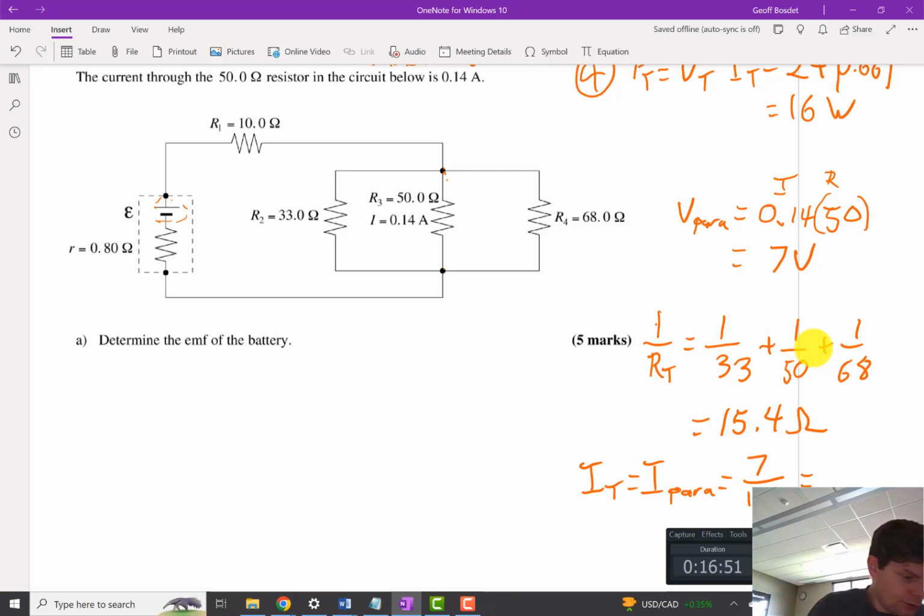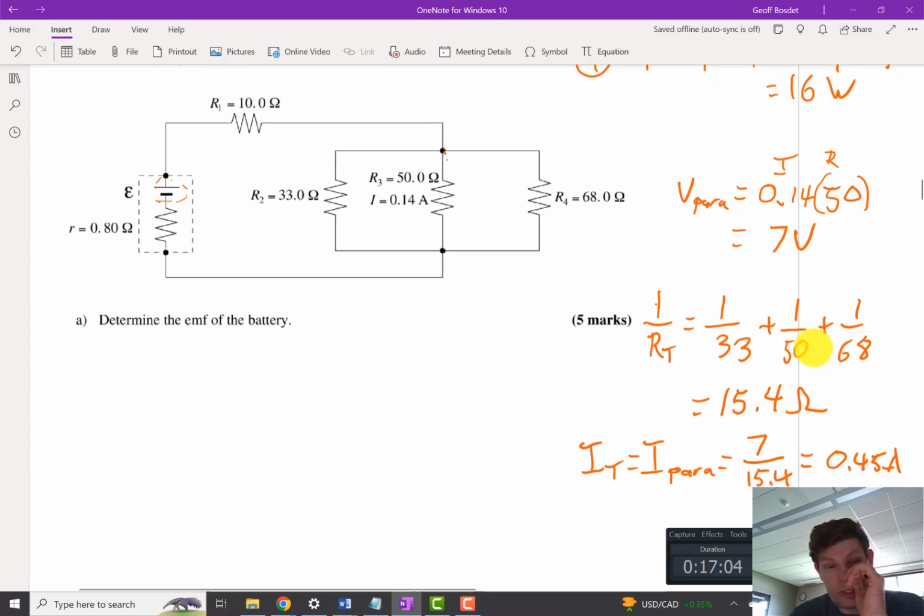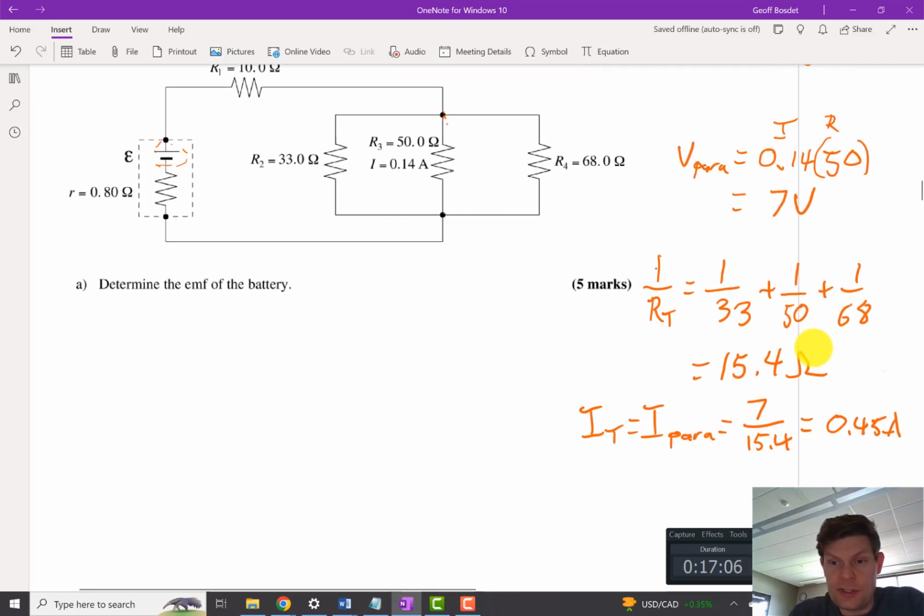So if I do that, I get like 0.4 something. 0.45. So I found my total current. Now I just need to find my total resistance.